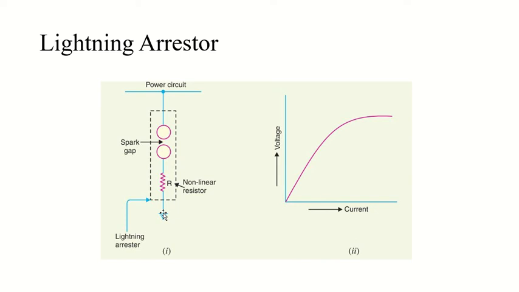Now this arc provides a low resistance path for the surge to ground, and in this way the excess charge on the line due to the surge is harmlessly conducted through the arrestor to the ground instead of being sent back over the line. So it will let the current through.